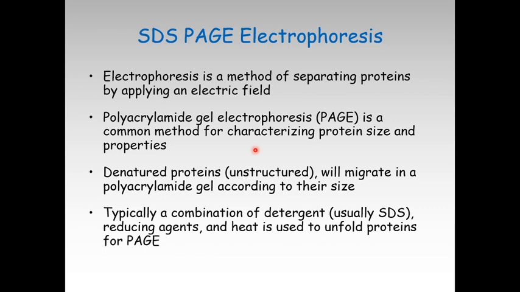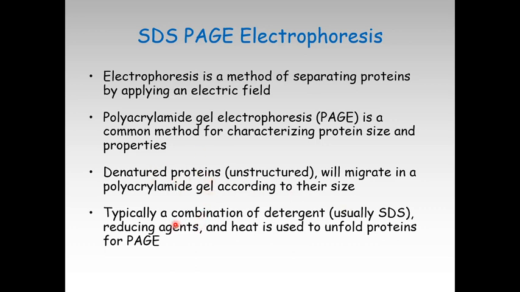Proteins in their native form have a three-dimensional structure, right? It could be a tertiary structure or a quaternary structure. When you denature a protein by either applying heat or changing pH, you destroy this tertiary structure, and as a result it becomes denatured.